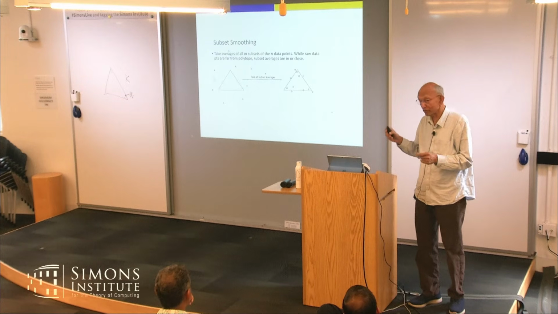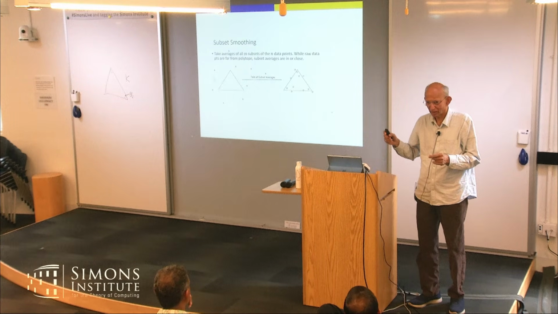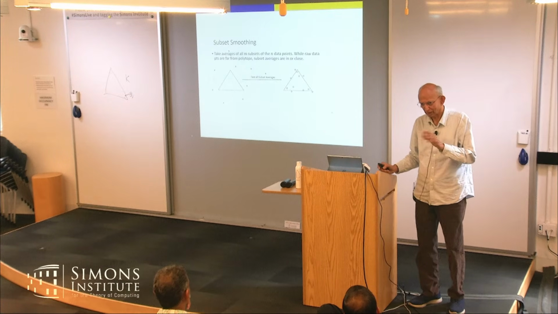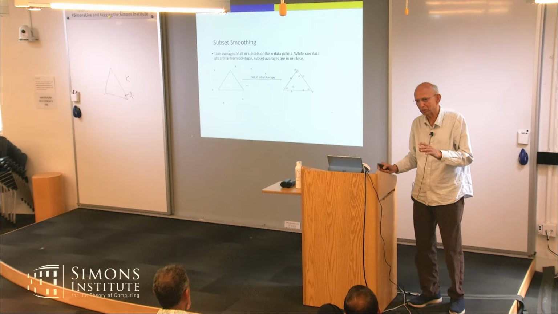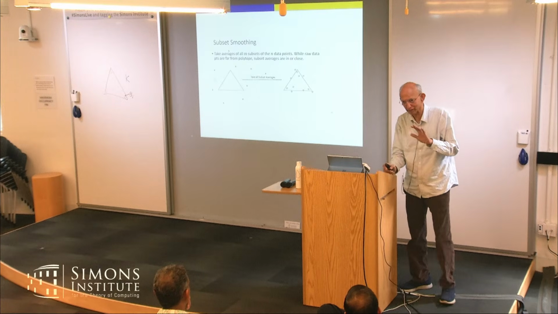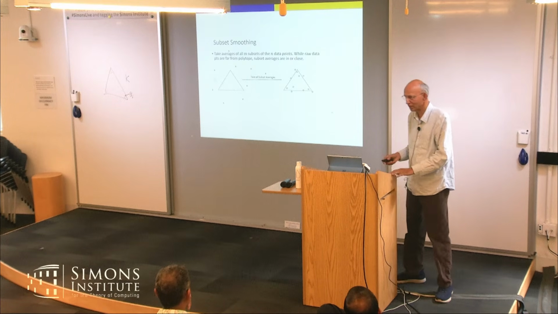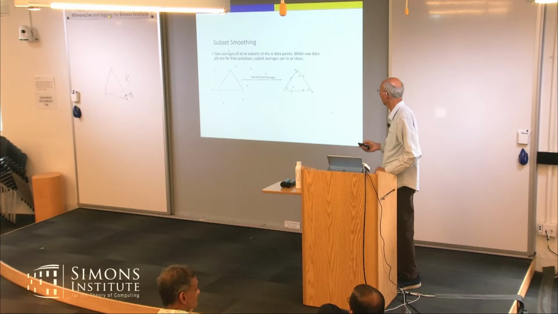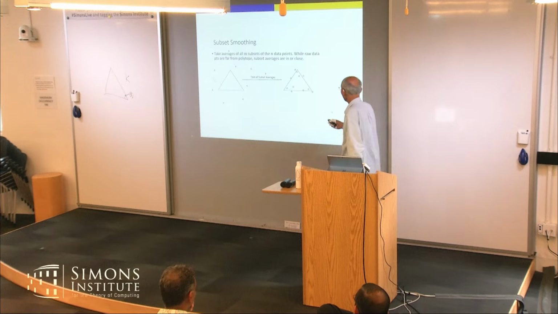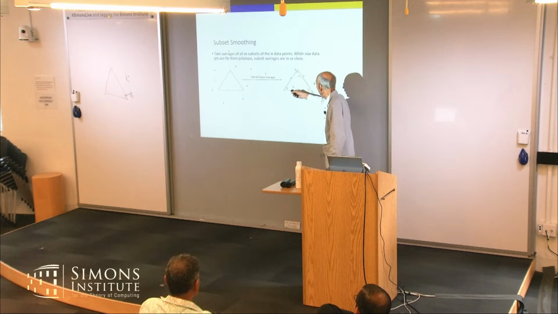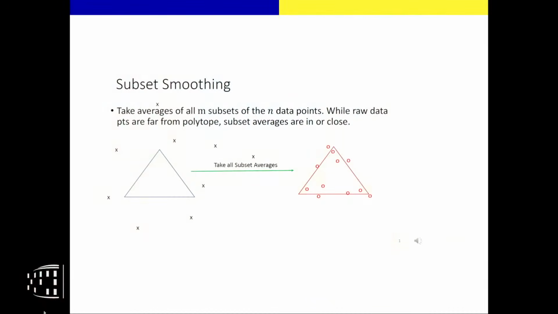But I want every set to behave properly. Every subset of M things. And that happens, you don't do a union bound, but it happens because of random matrix theory. Okay? So if I had all the averages written down, I found the polytope, at least in this picture.